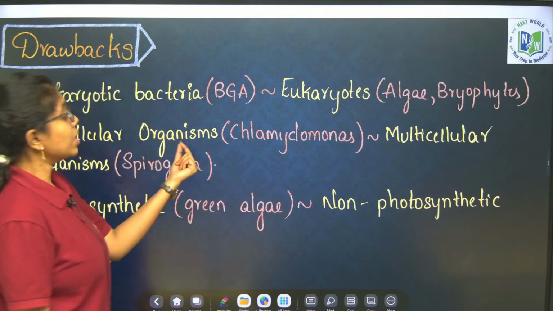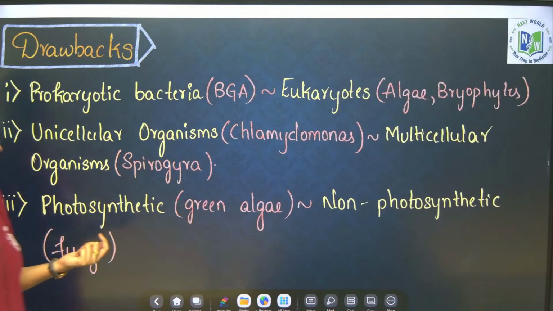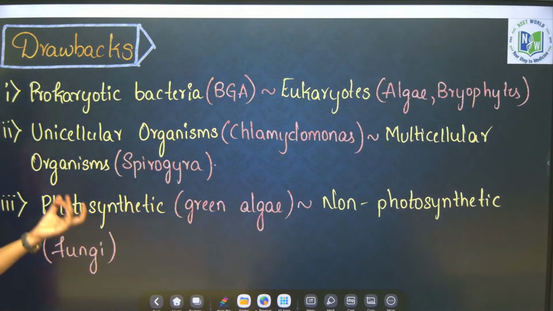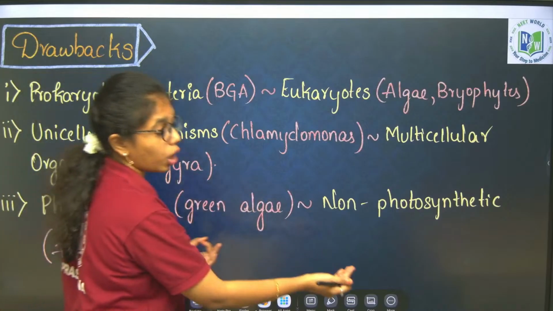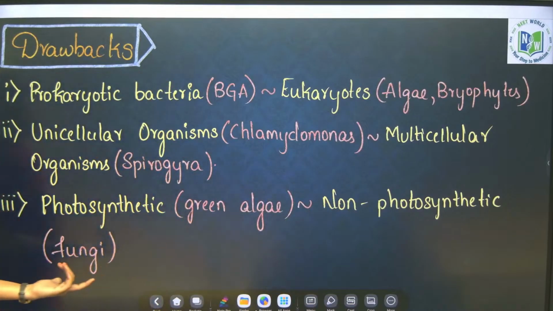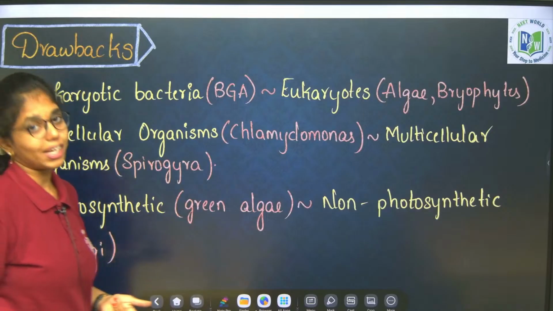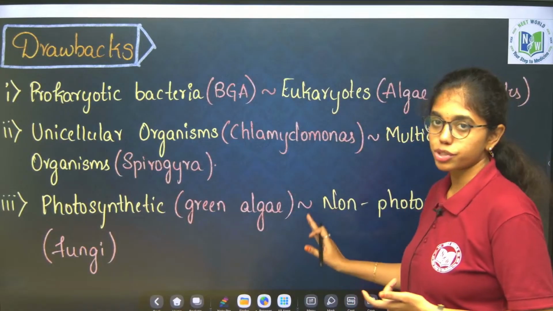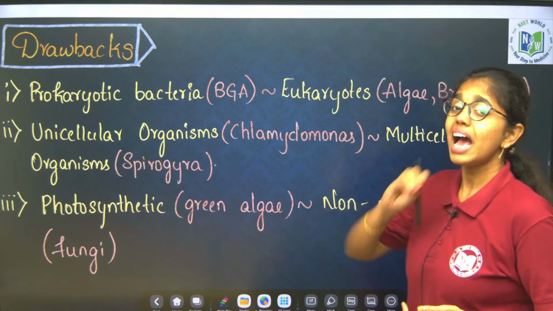So, unicellular and filamentous algae are placed under one kingdom again. Third, photosynthetic green algae are placed along with non-photosynthetic fungi, because fungi also have a cell wall which is made up of chitin. So, these are the major drawbacks of the two kingdom system of classification, highly important.